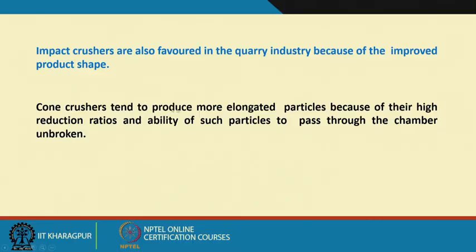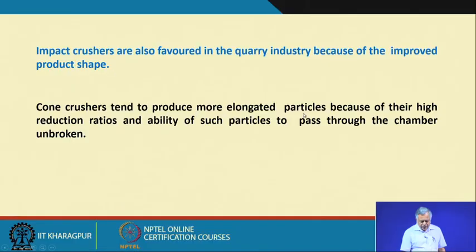Cone crushers tend to produce more elongated particles, because it is also hitting like this, and because of their high reduction ratios. What is the reduction ratio? It is the ratio between the average feed size, that is the F80, and the product size, that is the P80. We will discuss this at a later stage.